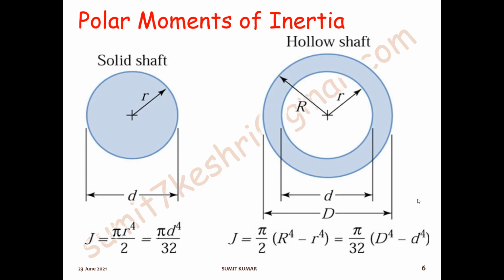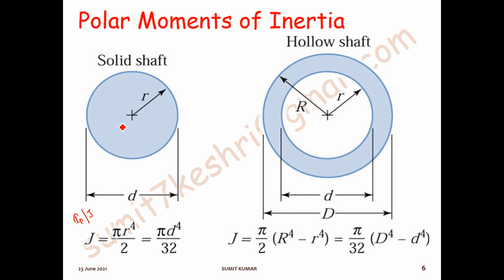For a solid shaft, the polar moment of inertia IP can sometimes be designated as J. IP or J, both are the same thing.